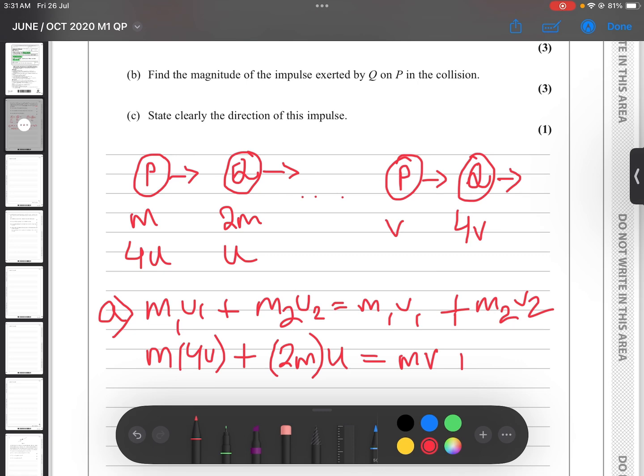And for m2v2, it's particle Q, so its mass is 2m and its velocity is 4v.